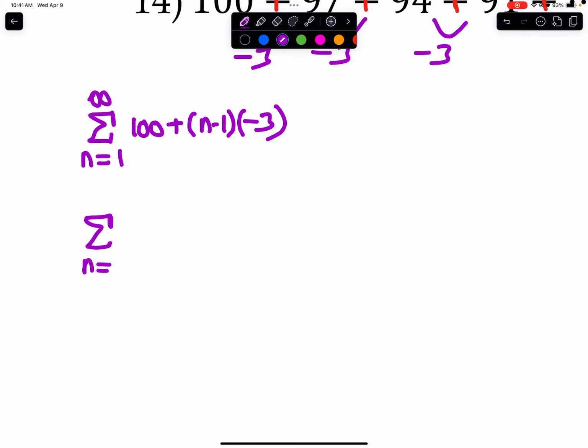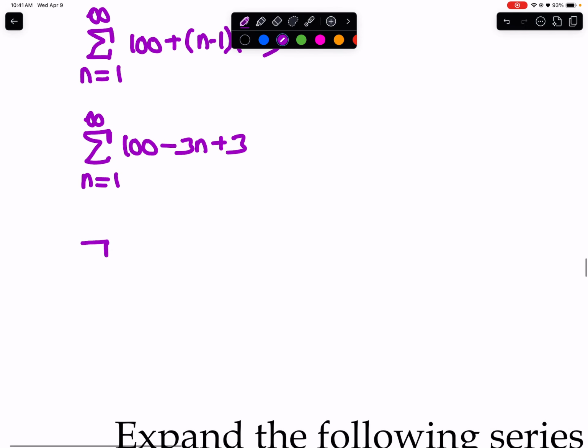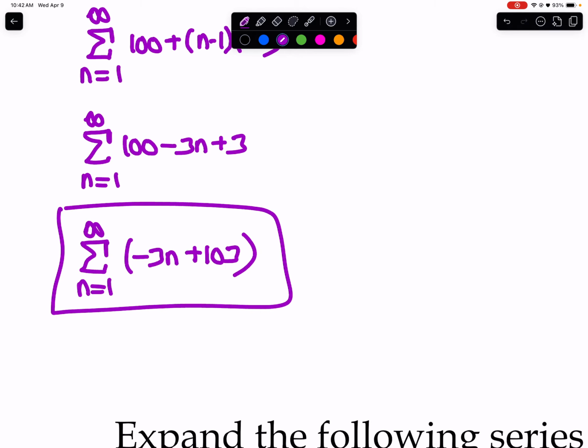So we're going to have 100 minus 3n plus 3 when you distribute that negative 3, which means my series in sigma notation will be the first term to infinity, and then negative 3n plus 103. Ta-da!